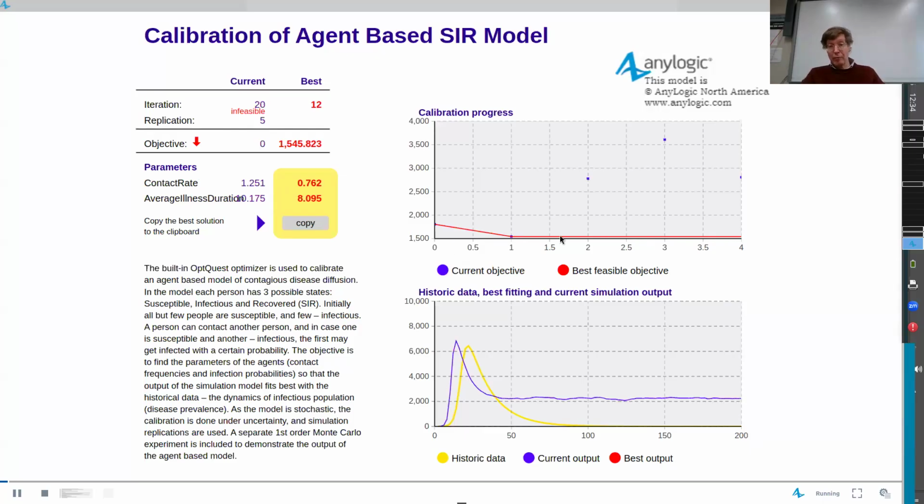You can see before we were going down to values of the objective function below 500. In one case, I think it went below 400 earlier. Here, we're unable to proceed below 1500, despite valiant attempts on its part.